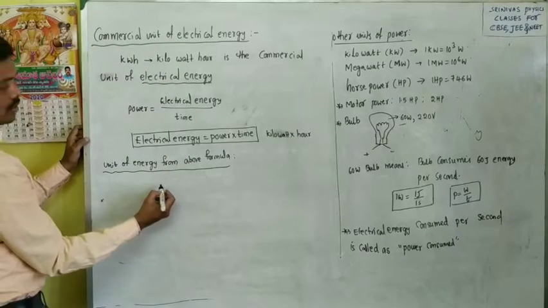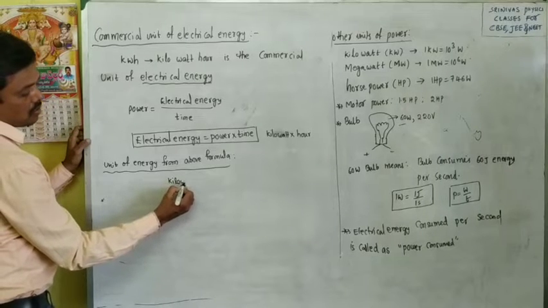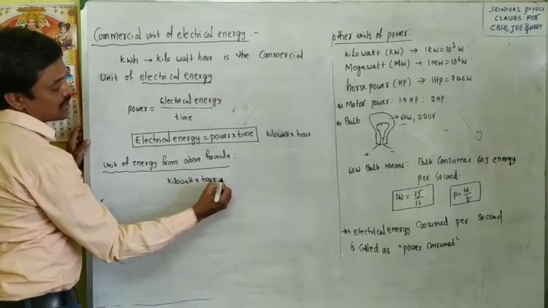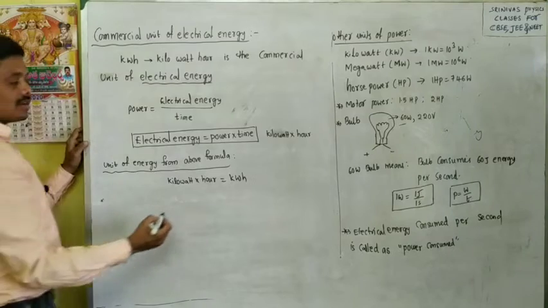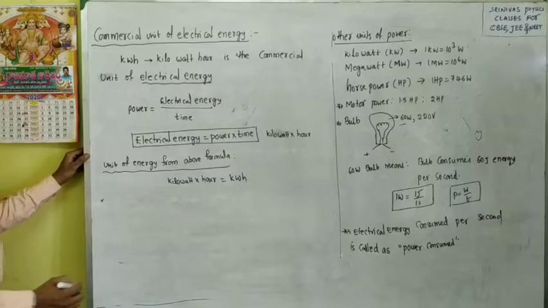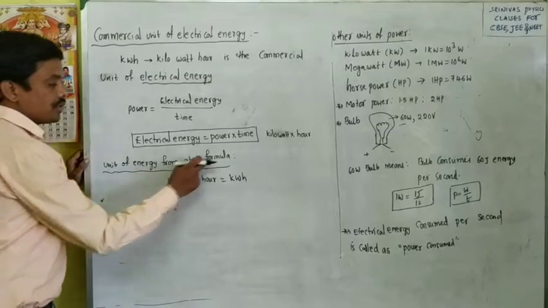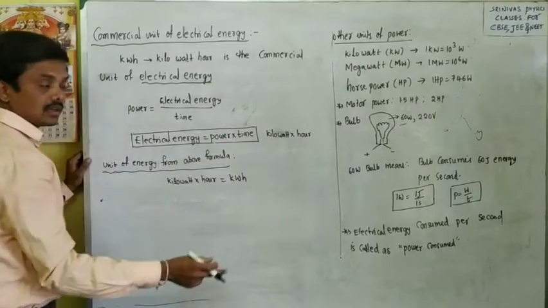That means the other unit is kilowatt into hour, which is equal to kWh, or watt hour also we write. Kilowatt hour or watt hour. Then this kilowatt hour is the unit of energy, power into time.